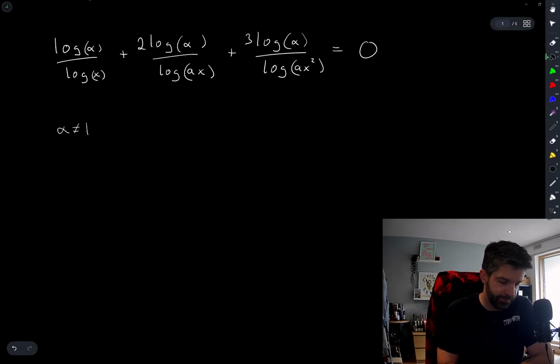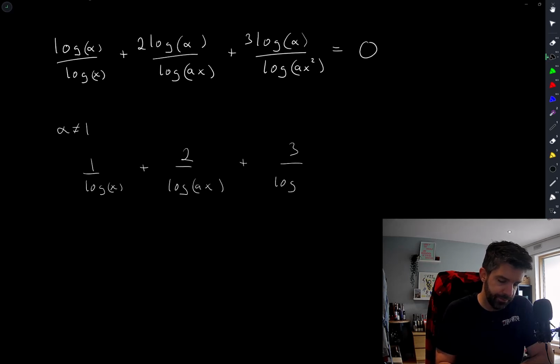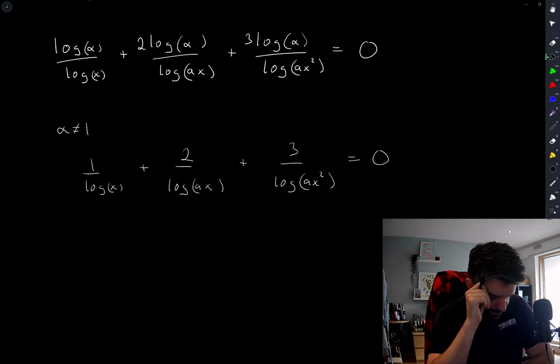Then we have 1 over log x plus 2 over log ax plus 3 over log ax squared is equal to 0. Should we multiply through and simplify the denominator?